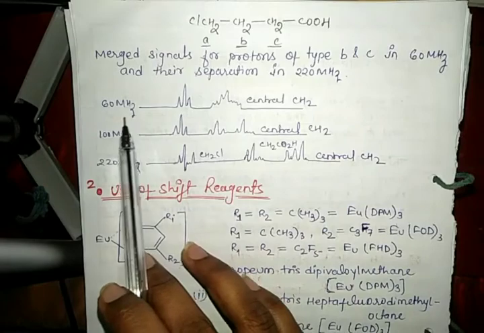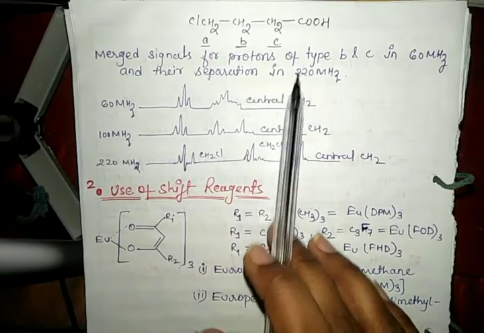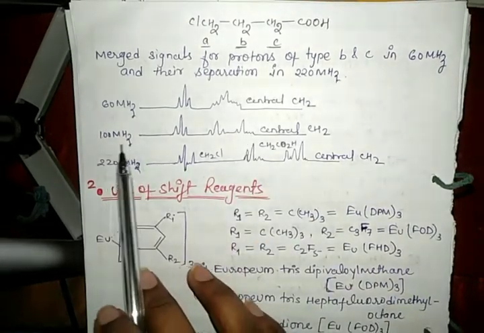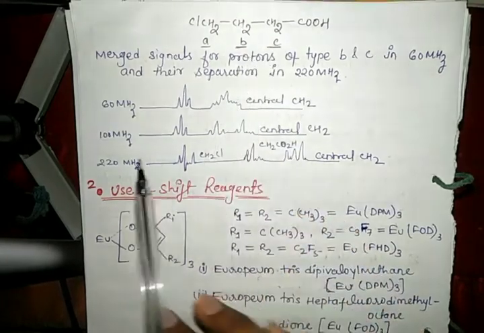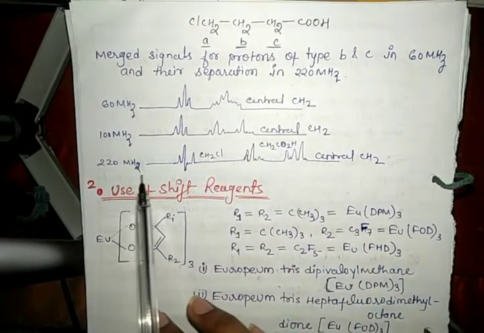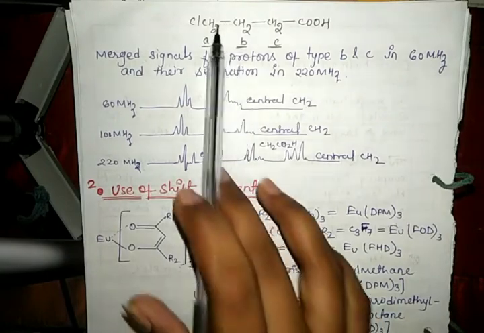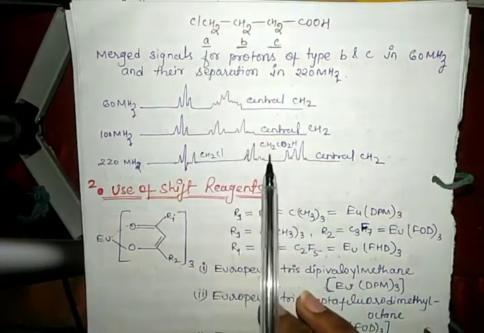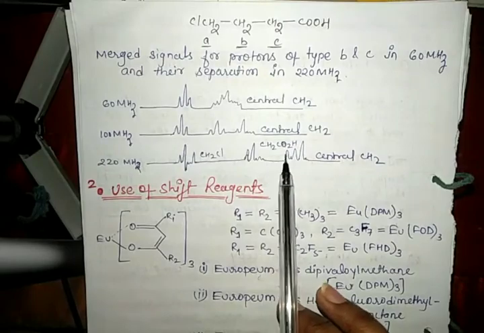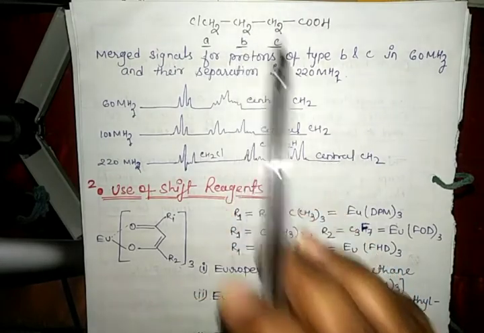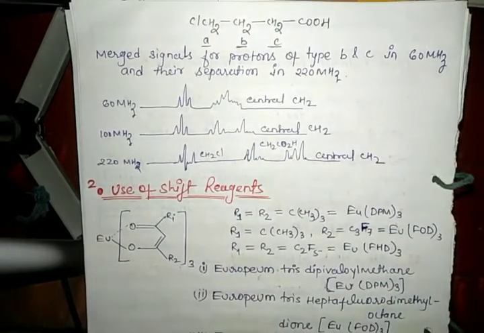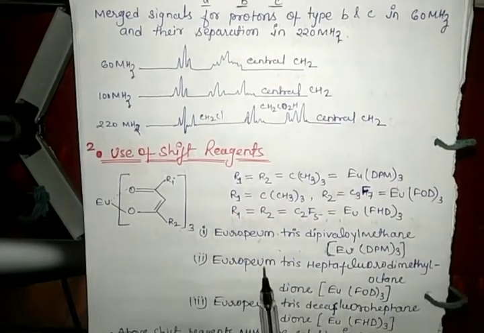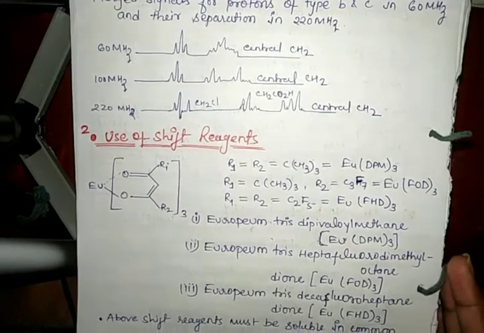So 60 megahertz for central CH2, or 100 megahertz also for the central CH2, or 220 megahertz for CH2Cl, and for CH2COOH.